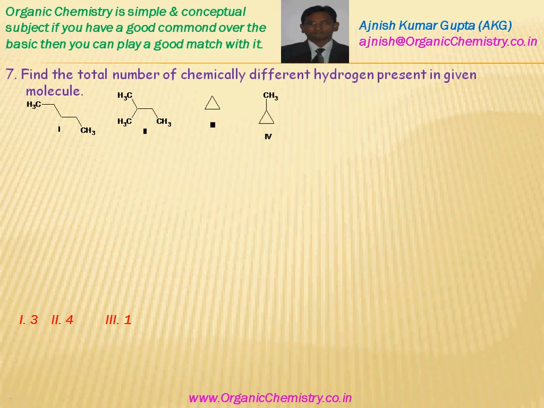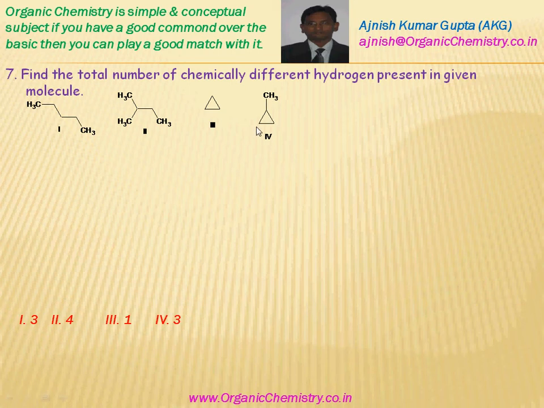For this molecule, if you replace hydrogen from this position, you will get chloromethyl cyclopropane. From this position, you will get 1-chloro-1-methyl. From this position, 1-chloro-2-methyl. So the molecule has 3 types of chemically different hydrogen.